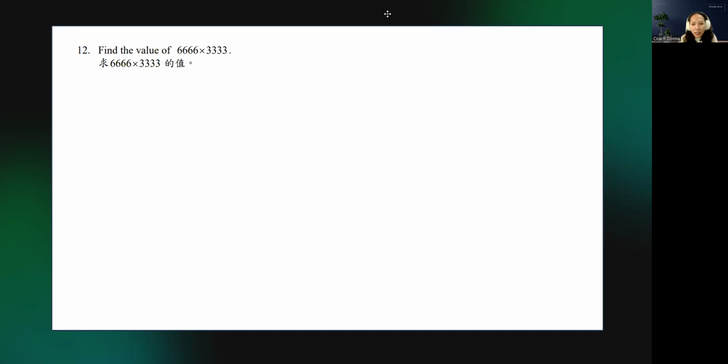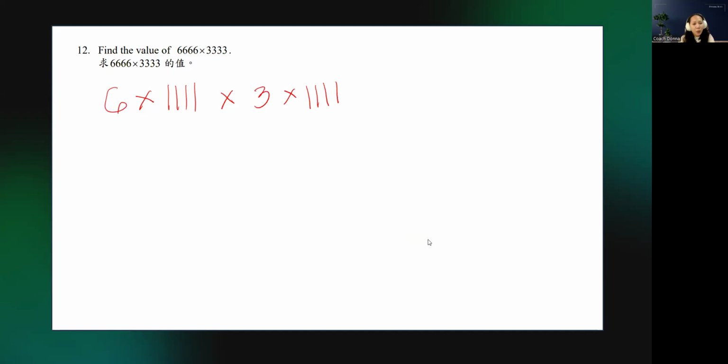Let's try to take out the 6. 6,666 is equal to 6 times 1,111. And then multiply it by 3,333. That is still being multiplied by 1,111. So in this case, you have now taken out the 1,111.